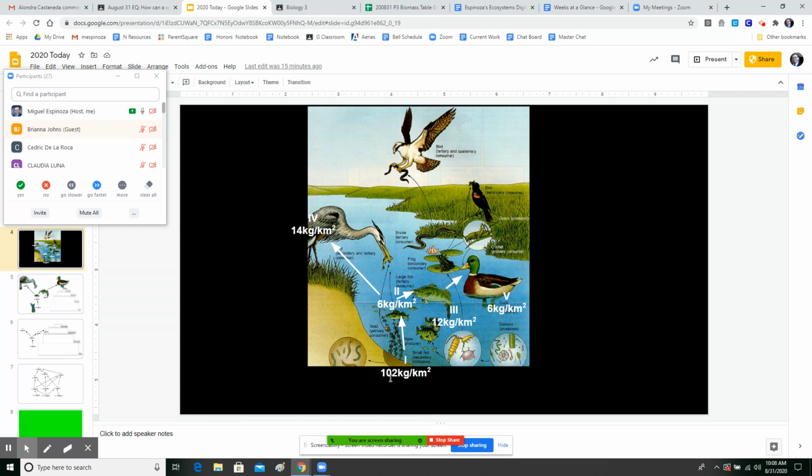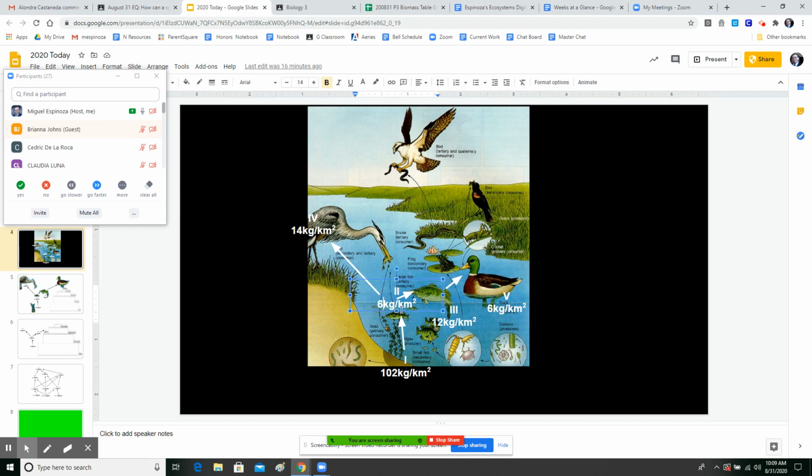Notice underneath each one of these, I have written out the biomass of the organism at that level. So in this food web, there's 120 kilograms per kilometer squared of plants. Okay, and only 68 kilograms of little fish.